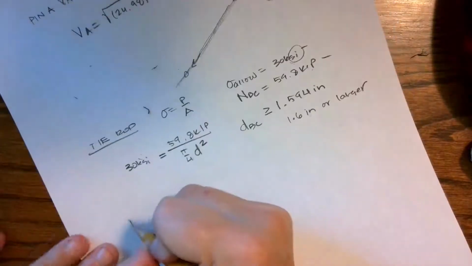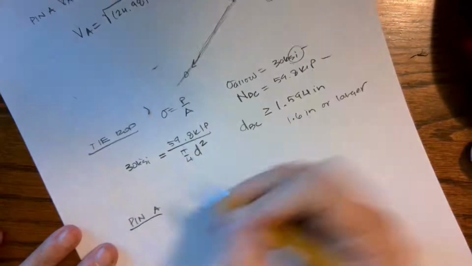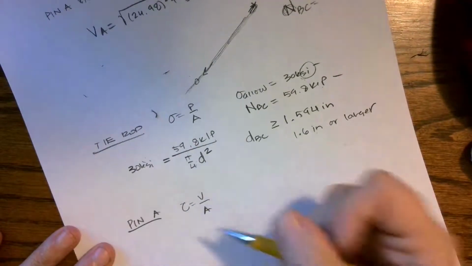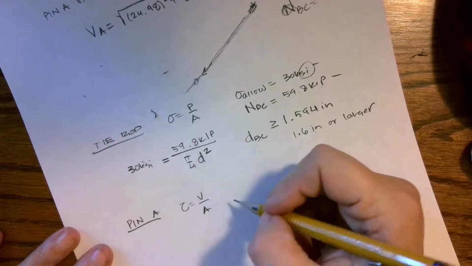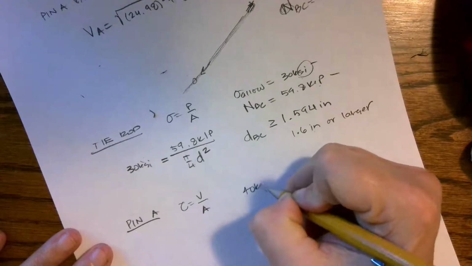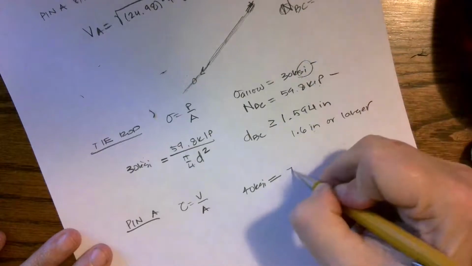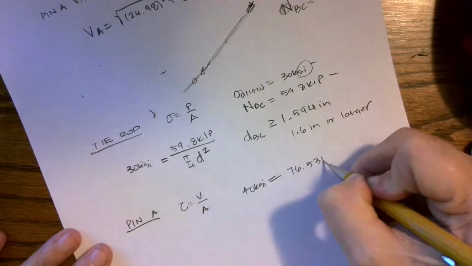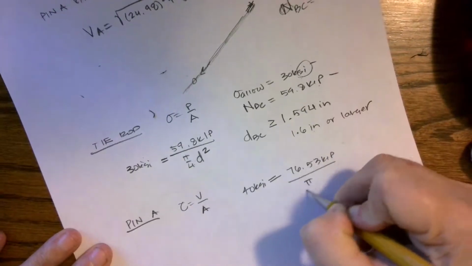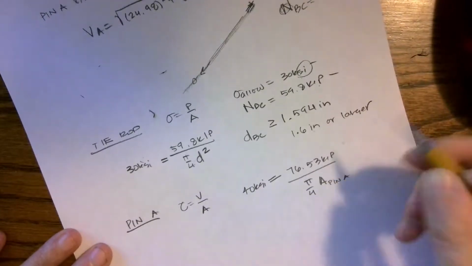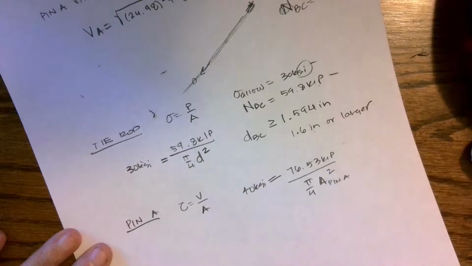If I'm looking at the shear pin at A, its shear stress is V over A. The allowable shear stress that I found on the previous page was 40 KSI. That's what I can work with. The actual force that's acting on that pin is 76.53 kips, over pi over 4 times the diameter of pin A, squared.